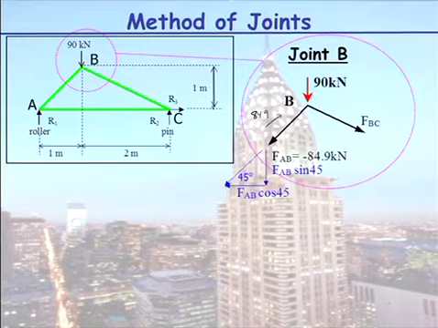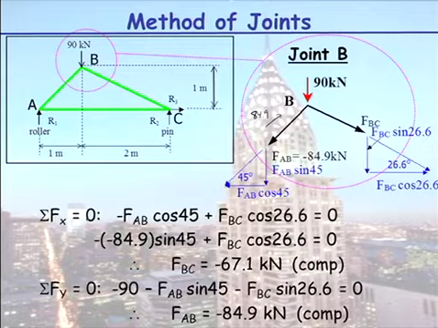But what that means is now, when we take equilibrium, and this is very important, this is where people go wrong. In the x direction, because my force here is to the left, when I stick it in the equation, I would call it a minus.